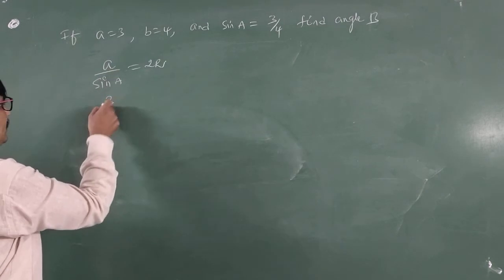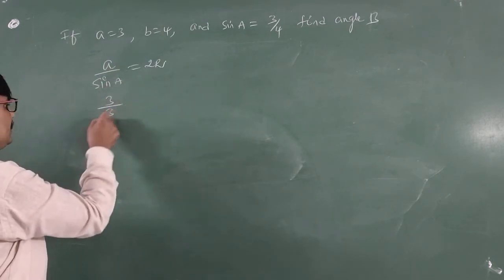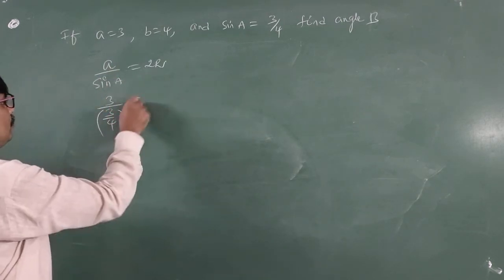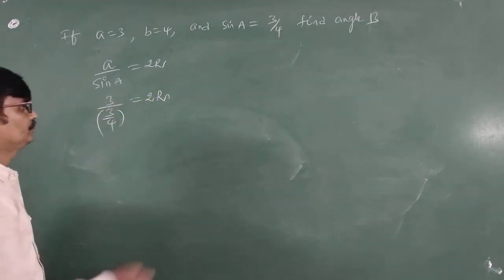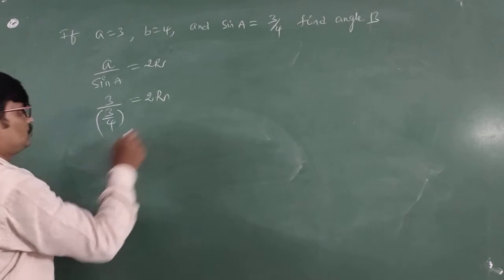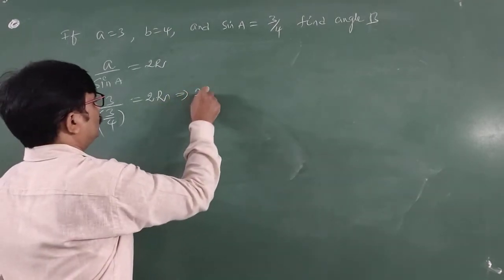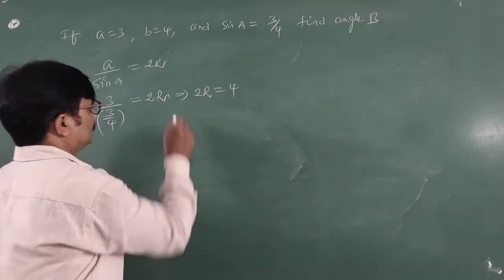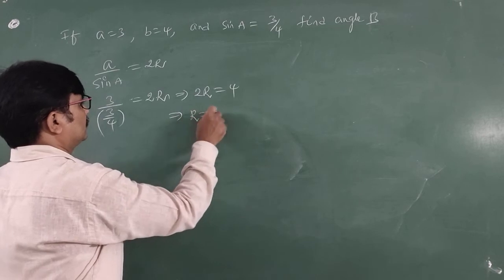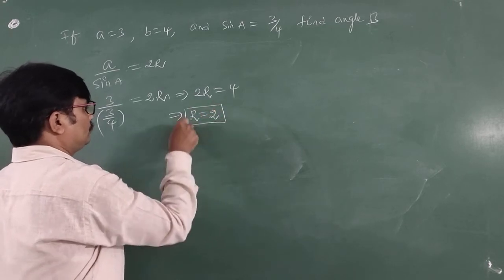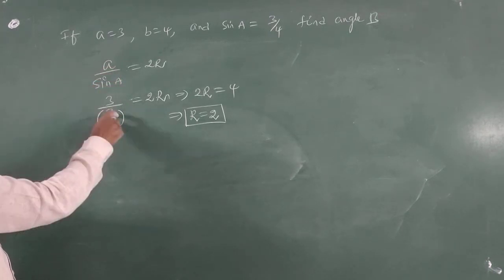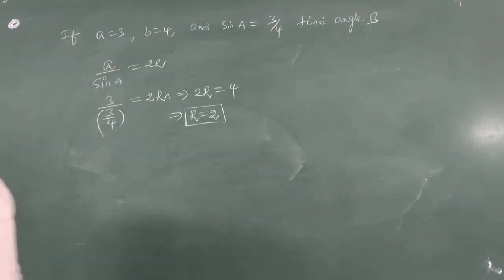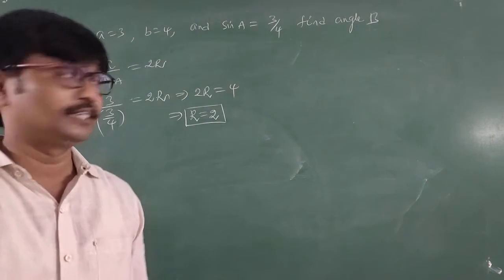A is 3, sin A is 3 by 4, so 3 by 3 by 4 equals 2R. The 3 cancels, that can be written as 2R equals 4. My dear students, the R value equals 2.